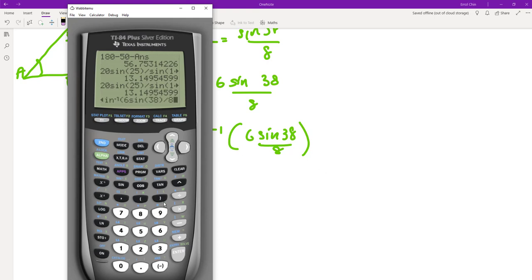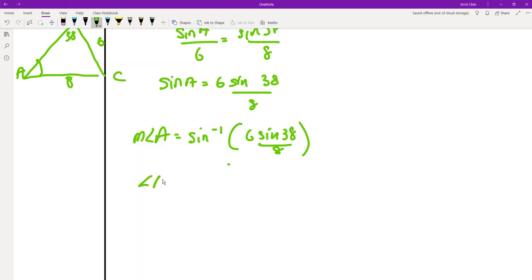Close the bracket. All right, so just double check. You have 1, 2 open brackets, 1, 2 closed brackets, and the closed bracket must include the denominator. There you go, 27.5 degrees. Angle A is 27.5 degrees. And is it smaller than 38? Yep, it is. So our guess is good.